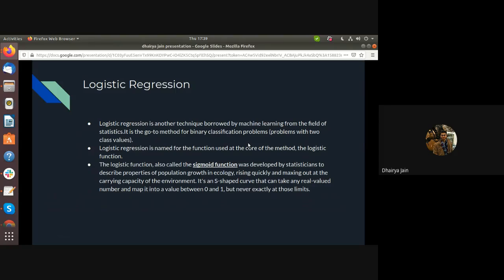So logistic regression is one of the most common algorithms that we use for binary classification. It predicts the probability of occurrence of a binary outcome. It's going to be either 0 or 1. It's a probabilistic way of finding if something is in a certain boundary or not. For it we use the logistic function.